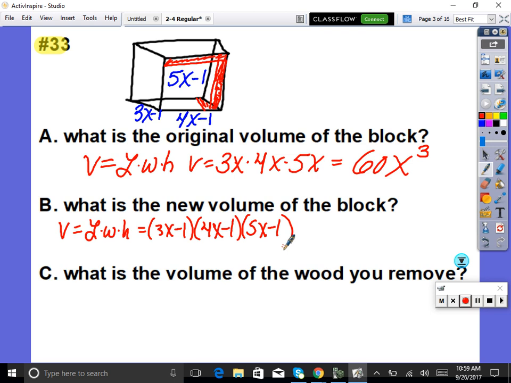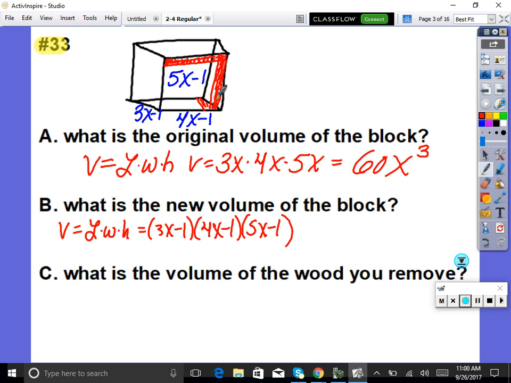However, in this next spot, it says, what is the volume of the wood you removed? So the red part's the wood I removed. Okay? Now, you can't just say 1 times 1 times 1, because you can't look at it like that. So here's how you have to think about it. How can I find the volume of this red piece? Couldn't I take the volume of the entire thing and then subtract off the volume of the new piece?